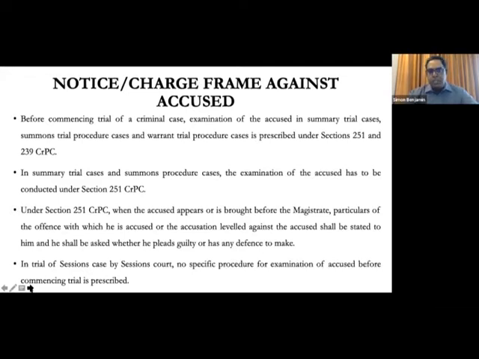Now, when we come to the stage of charge, why did I go into this? Because it's relevant here. The court has to now look at those very facts which have been provided by the victim or informant. Those bare facts will then have to be looked at in the context of the ingredients of the offenses given under the IPC, I beg your pardon, not under the CrPC, under the IPC, or any other special statute, to understand what offenses have actually been committed in this case.